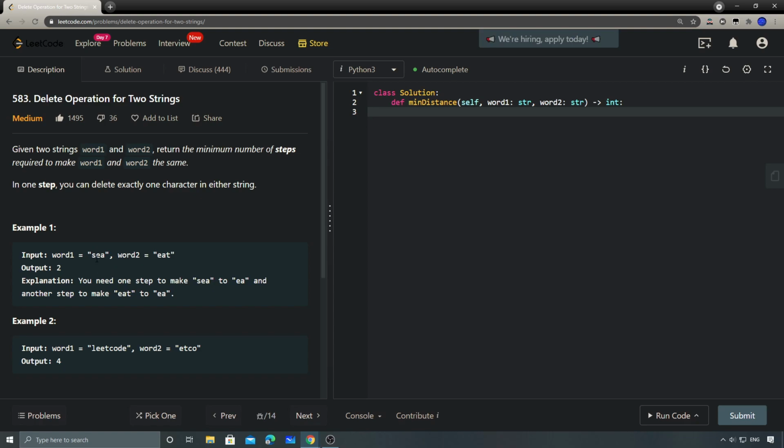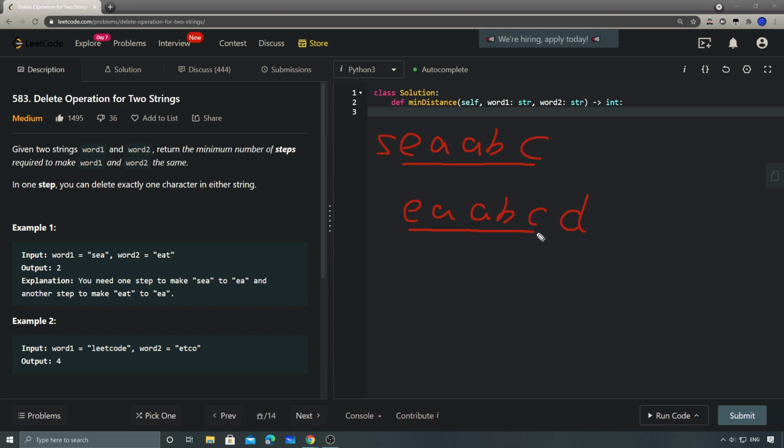it's equivalent to finding the longest common string among those two words, right? So for example, if we have ABC for one and EABCD for the other, as you can see, the longest common string is this one.